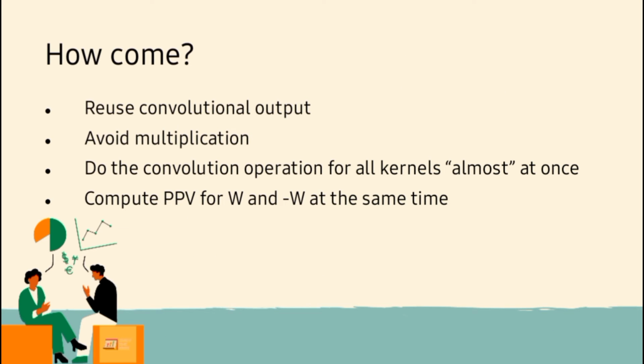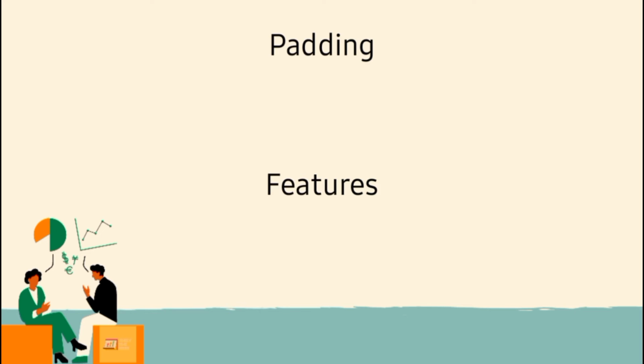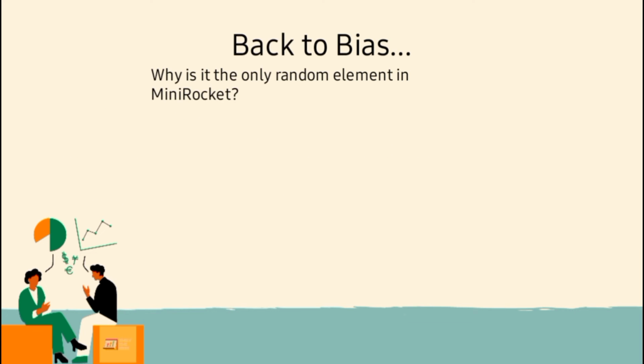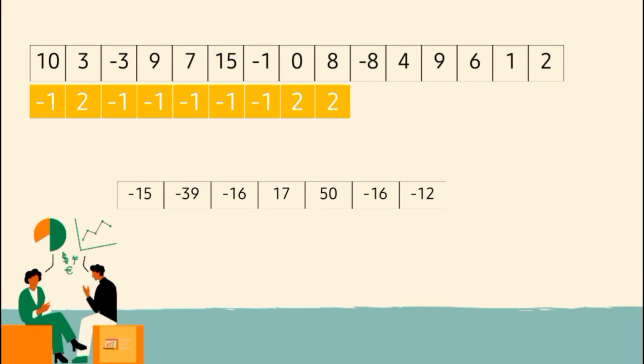Lastly, MiniRocket computes PPV for W and minus W at the same time. Okay, to understand this, let's look back at our convolution output again. So this is the convolution output for the kernel, this yellow kernel, which we call W. If we want to get the convolution output from negative W, that means we take the negative values of the weights, which is 1 and minus 2.